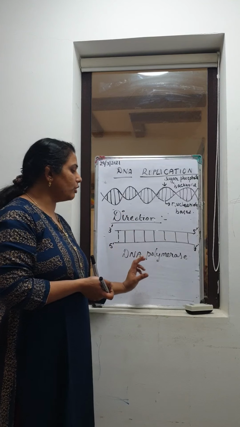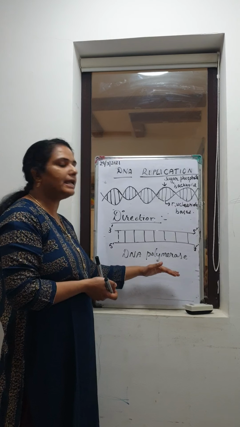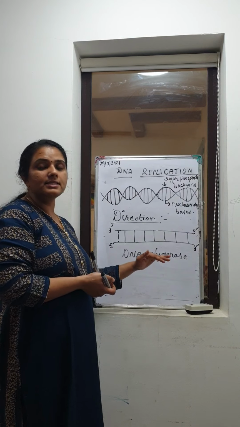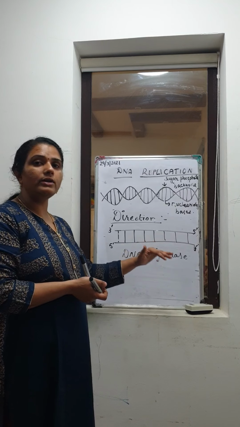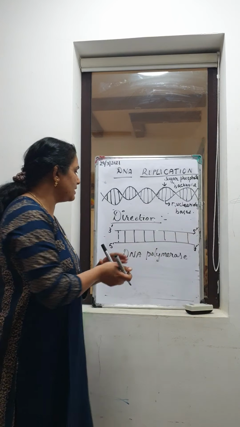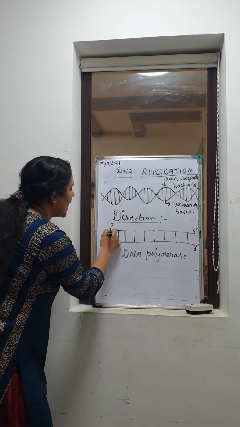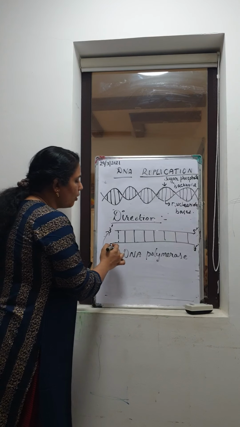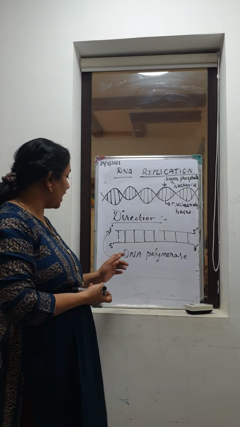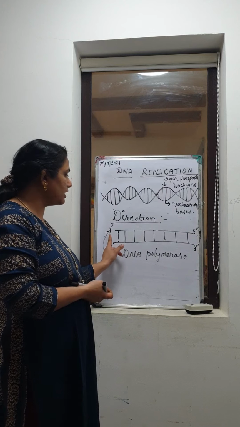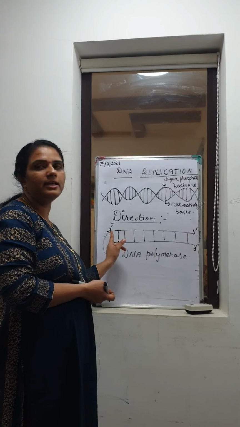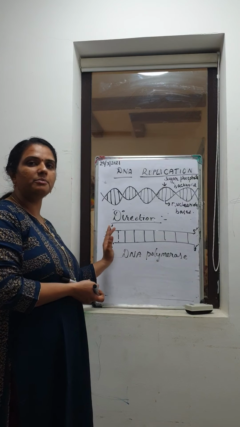That thymine nucleotide base will be added by the enzyme DNA polymerase. This DNA polymerase can only add nucleotide bases to the 3' end. It cannot identify the 5' end. It can only identify the 3' end, and it can add the nucleotide base at the 3' end.